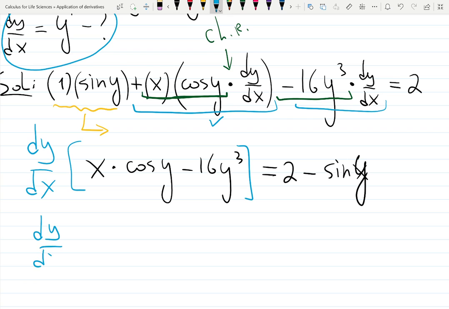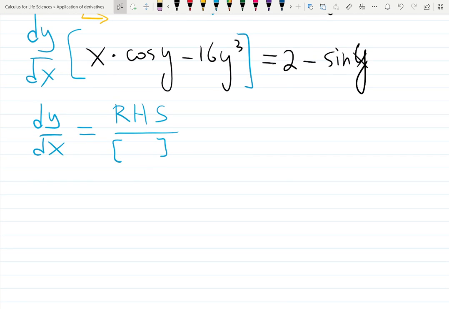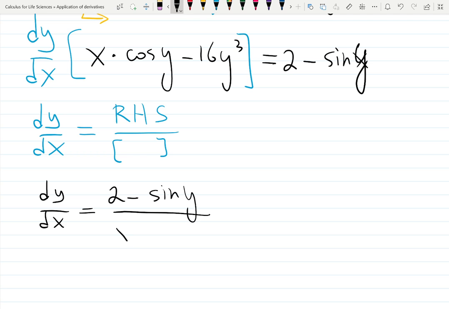Dy over dx is this right hand side over the brackets. So you can start typing in the answer into the program, or you can choose the multiple choice question if it's on the exam. 2 minus sine y over x cosine y minus 16y cubed.